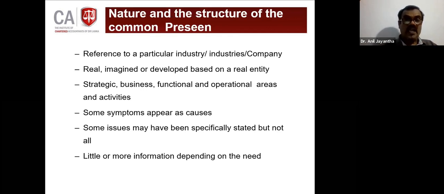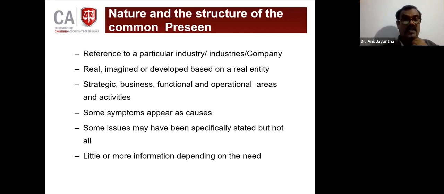Then, the nature and the structure of the pre-seen would be real, or imagined, or developed based on a real entity. It could be anything. We can directly take a real case, a real company, real information, or an artificial one. Examine, imagine, and think: that is imagination. But the second option is a little bit difficult.